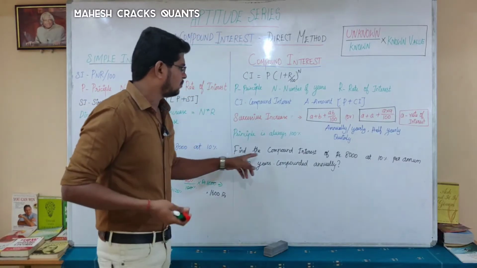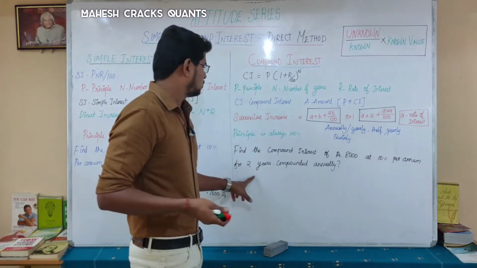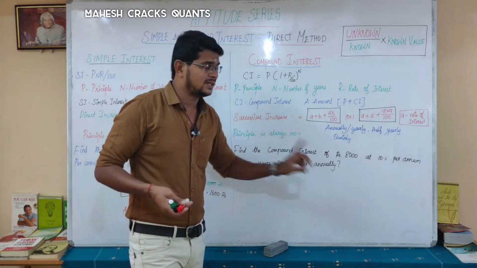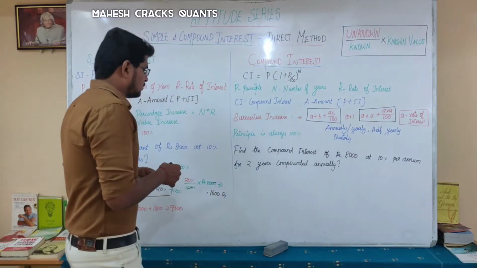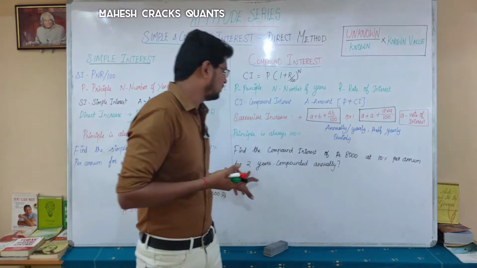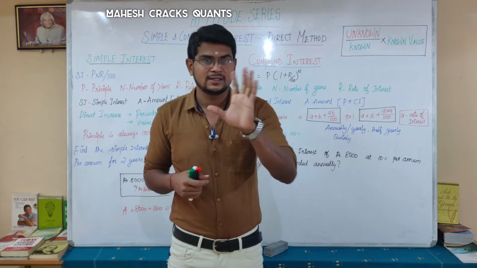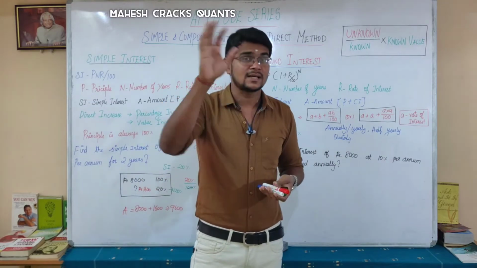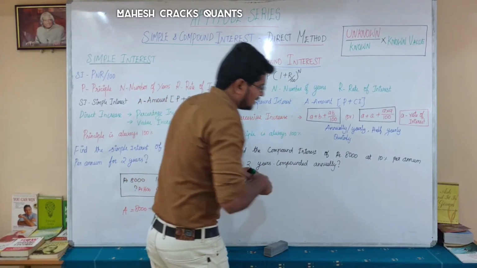Find the compound interest on rupees 8,000 at 10% per annum for 2 years, compounded annually, or yearly. Both are the same. So first of all, how will you find 10% per annum for 2 years in compound interest? Very simple. I already told you that compound interest is successive increase. We are going to use the formula A plus B plus AB by 100.